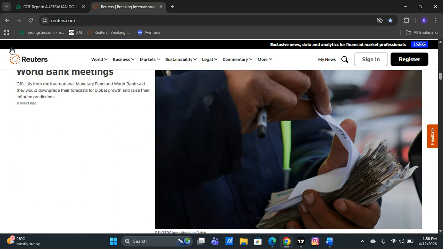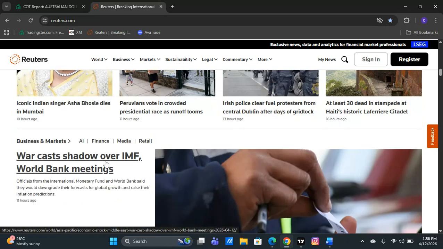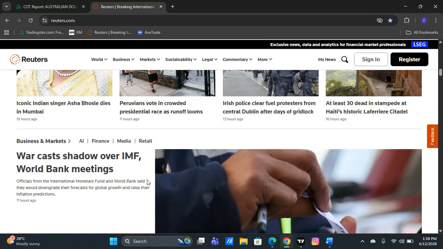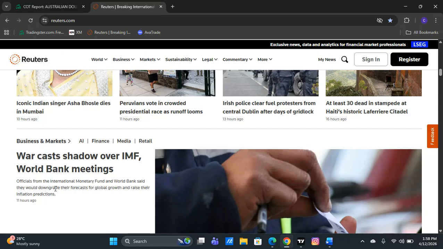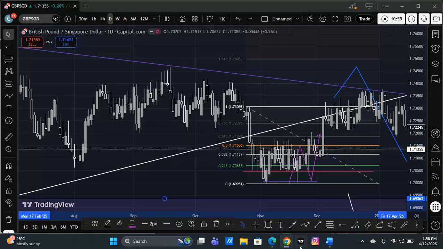This is war cost shadow over IMF World Bank meetings. So wars are the main key factor in what they are saying inside of the IMF, and that is what they're going to be doing.